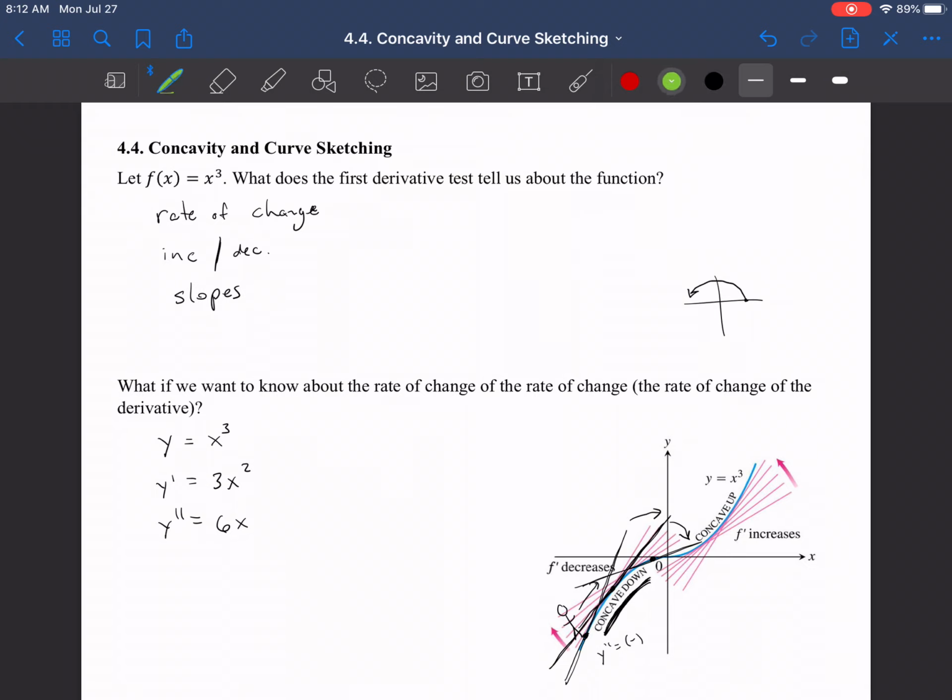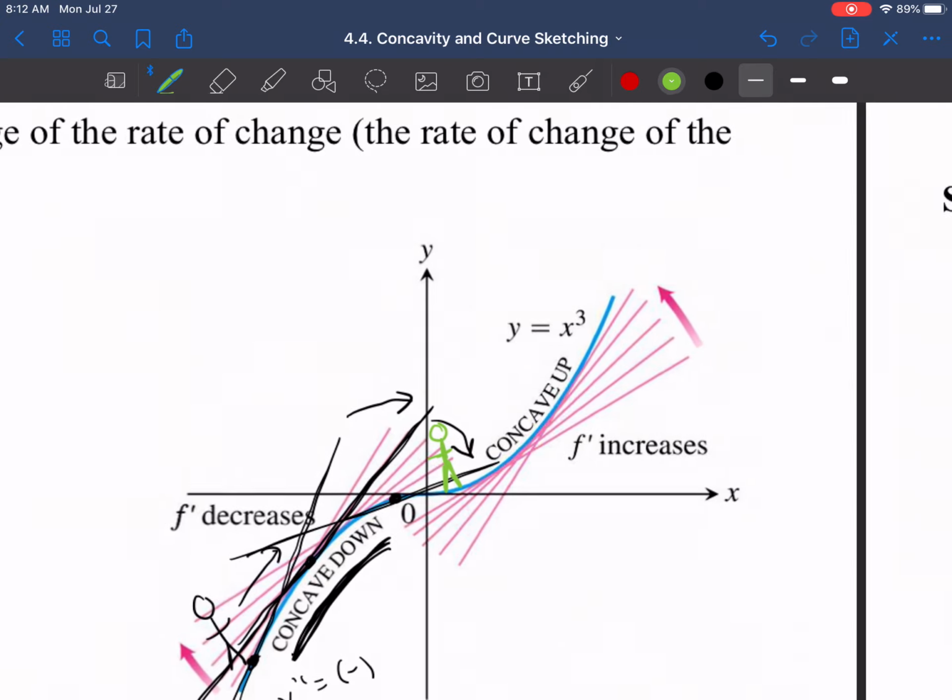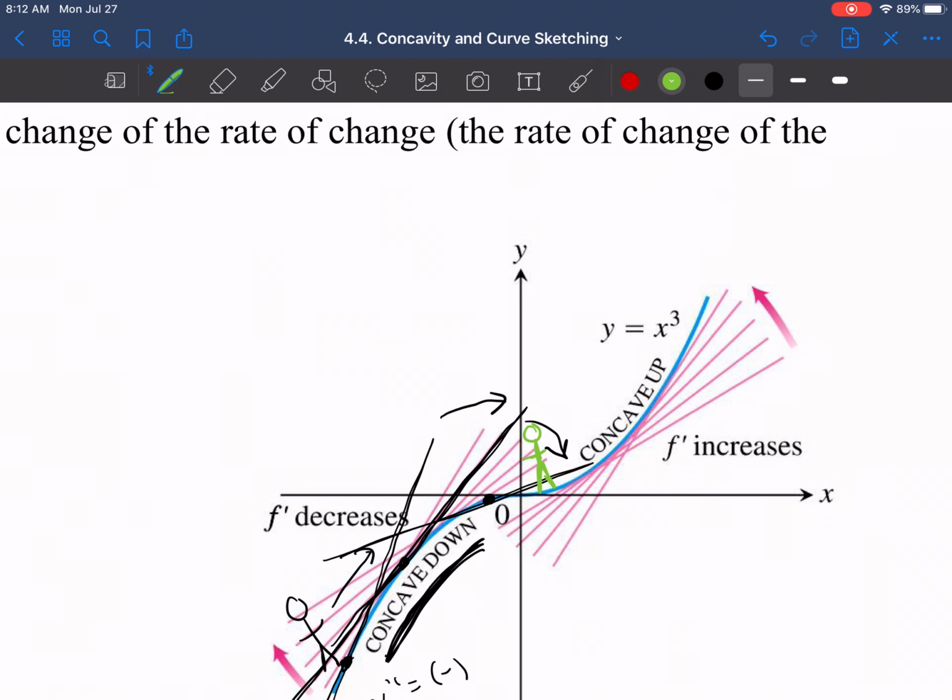Now, if we look at the next part, if we continue walking, if we look here and we draw in our tangent line, we have a slope that's not very steep. And as we move to points further to the right, our slope is going to get steeper, right?